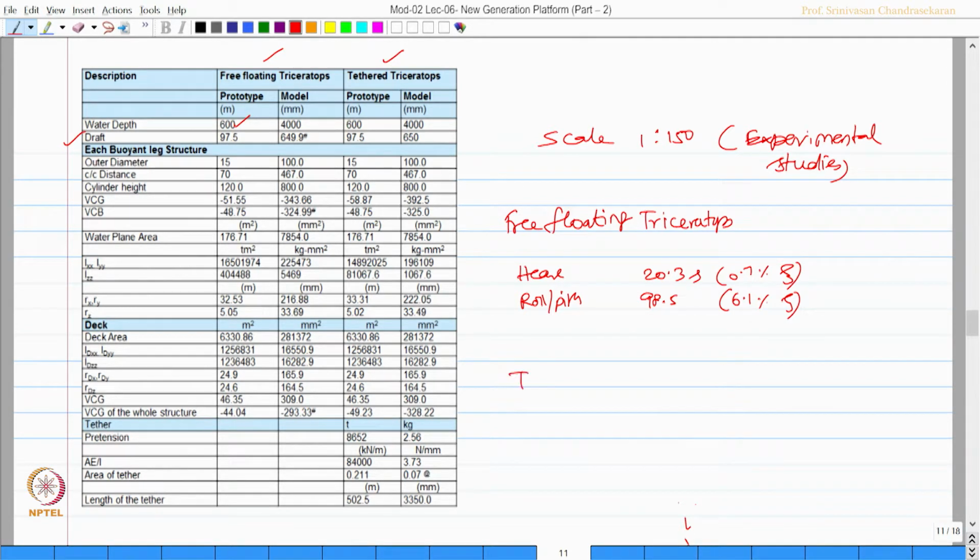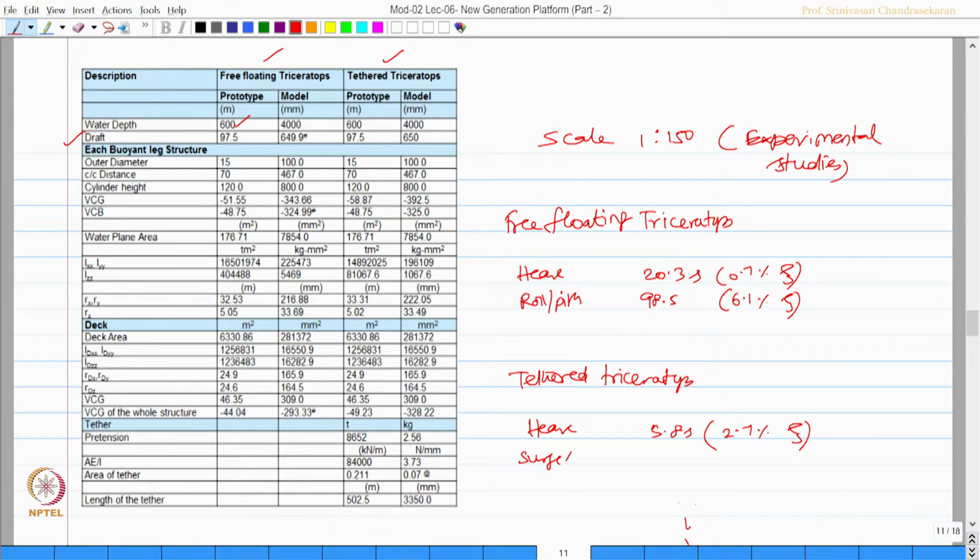The tethered triceratops showed better vertical stiffness. Therefore, in heave degree of freedom it showed 5.8 seconds with 2.7% structural damping.